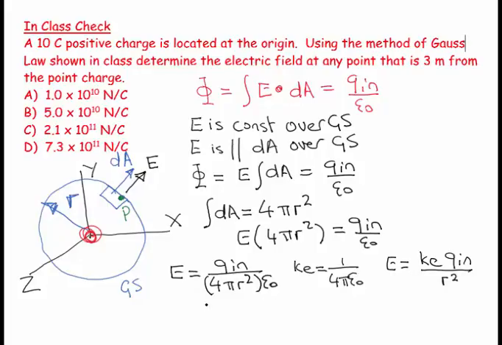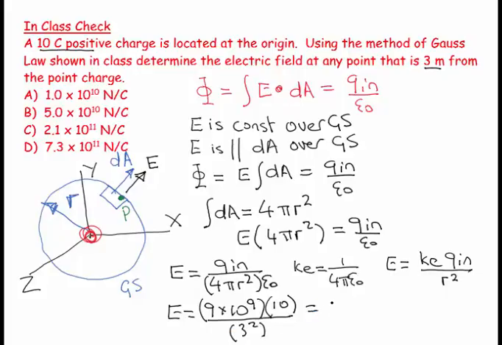So then we turn around and say, let's put some numbers in. So E is equal to 9 times 10 to the 9, that's my Ke. Again, in a test, I'd be okay with you leaving the Ke in, I'd quite like it actually. And then the Q inside is positive 10 coulombs, so we'll put down plus 10 over, and my R is 3 meters, so that's going to be 3 squared.